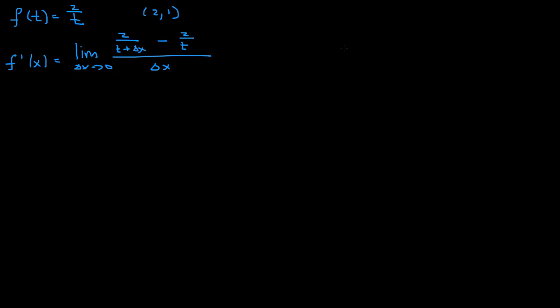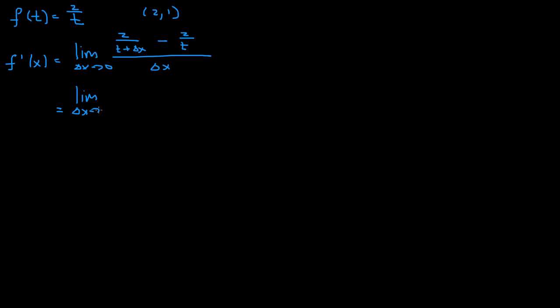Now that's a nice rational function for us to deal with. When we have encountered limits of rational functions in the past, a good line of attack would be to first combine the numerator. So simplify the numerator first. Now I mean the numerator of that complex fraction.